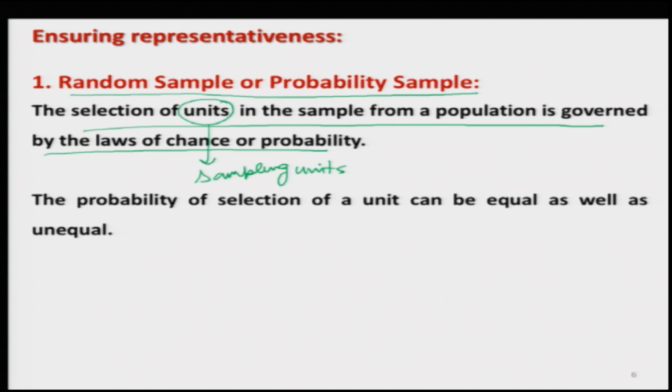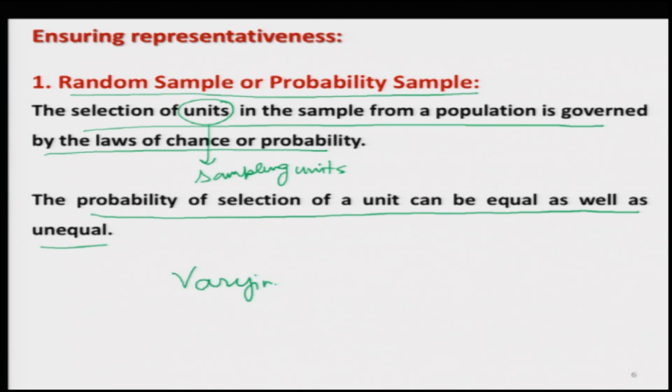The probability of selection of a sampling unit can be equal, or it may be unequal, and based on that we have different types of sampling schemes. For example, when the probabilities of selection of units are not equal, we have a sampling scheme called the varying probability scheme.